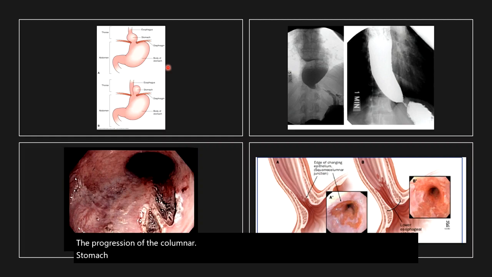achalasia. So here we have two pictures of X-ray done with barium contrast, where we see that the sphincter has a lack of relaxation. It's contracted, does not relax, and will also cause dilatation of the proximal portion of the esophagus and dysphagia.